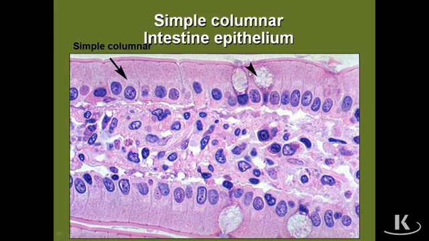But at the arrowhead, you can see a couple of examples of unicellular gland-like cells that form the goblet mucus-secreting cells that also characterize this particular epithelium.